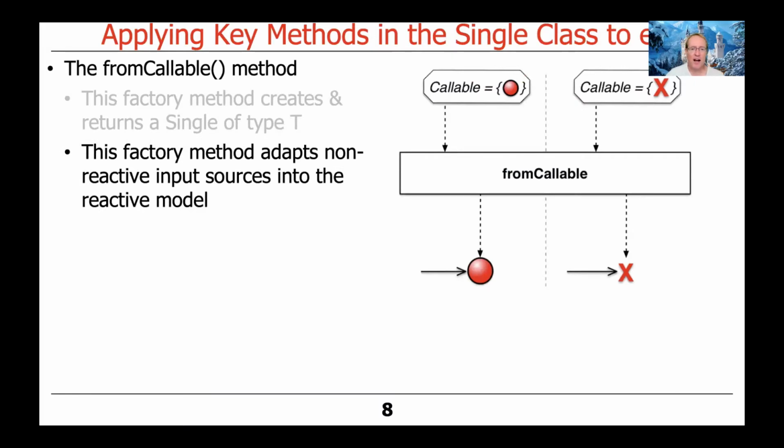This fromCallable factory method is used, as I said, to adapt non-reactive input sources into the reactive model. You can see the marble diagram here, which basically says that if the callable succeeds, then fromCallable will return a value, which is the little red marble at the bottom. But if for some reason the callable fails, then an exception is thrown and you won't get a result back.